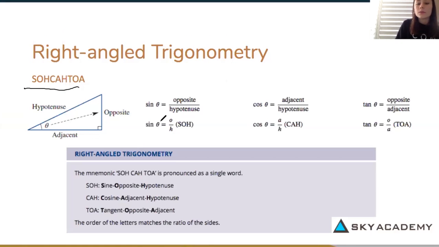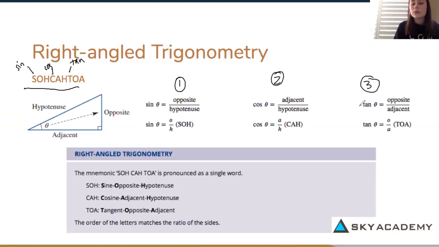The S stands for sine, and it is opposite over hypotenuse. The C stands for cos, which is adjacent over hypotenuse, and T stands for tan, which is opposite over adjacent. So these three formulas are the formulas that we use within SOH CAH TOA.